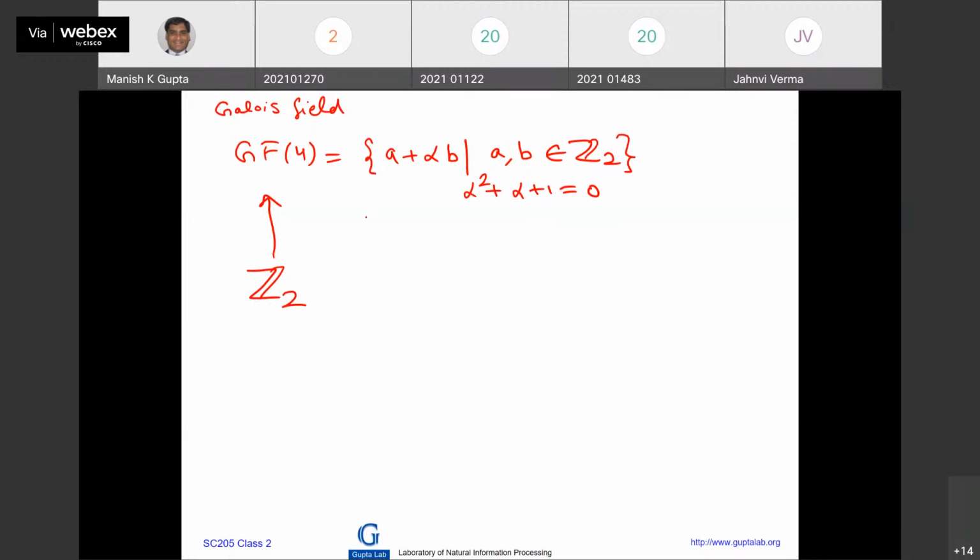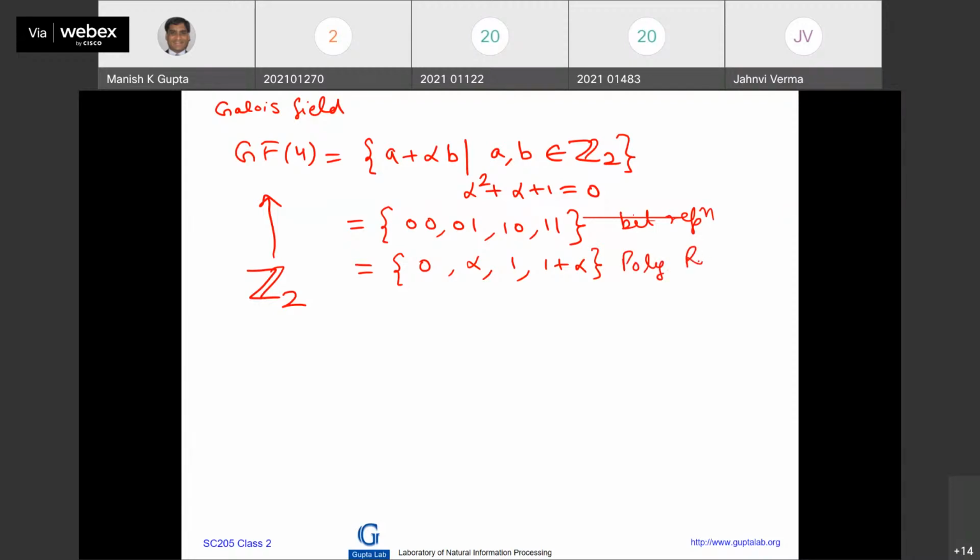There were a couple of representations. One was 0, 0, 0, 1, 1, 0, 1, 1. This is the bit representation of each element. The other was 0, alpha, 1, 1 plus alpha, known as the polynomial representation.